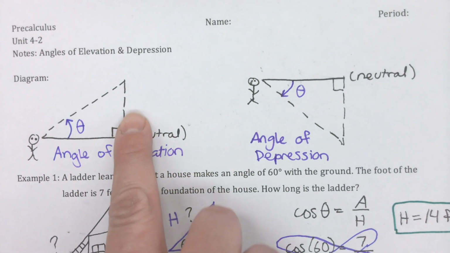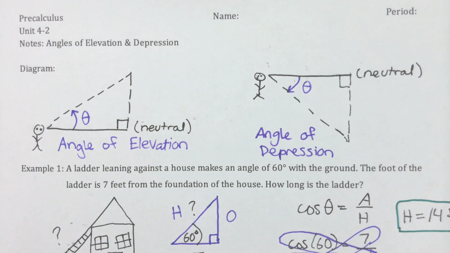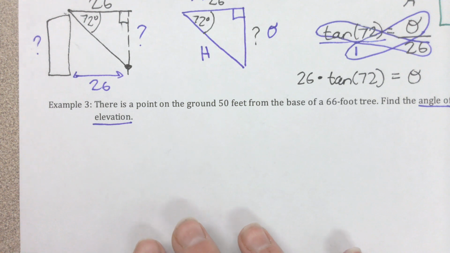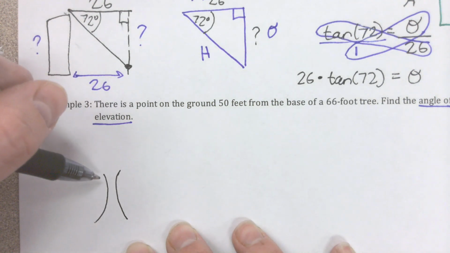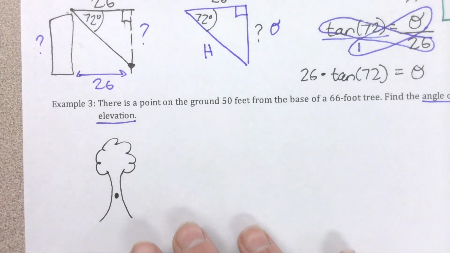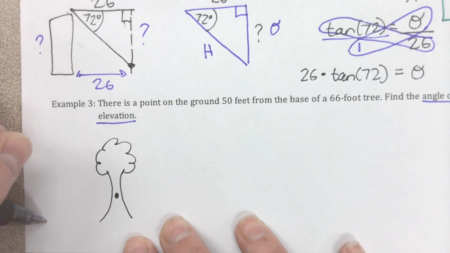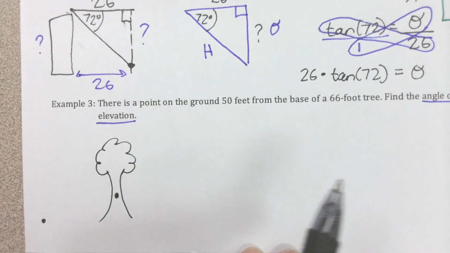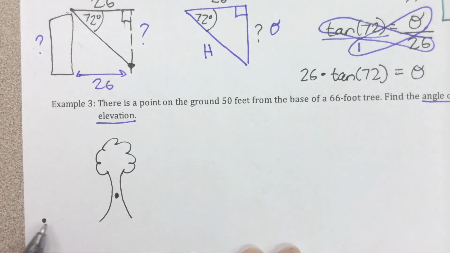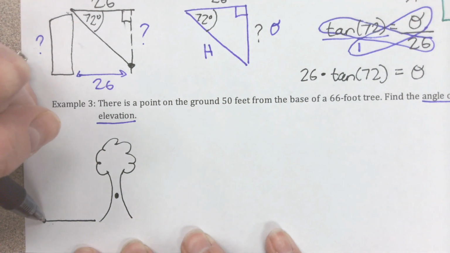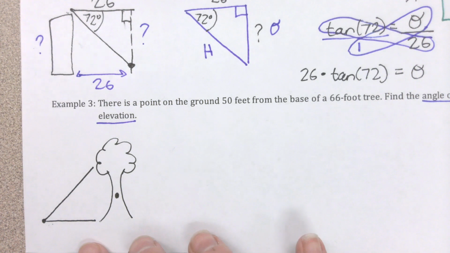So I'm going to have the tree be the vertical, so it's going to be on the right side here. So we have our tree. And we have the point on the ground some feet away from it. Now the angle of elevation is going to come from the perspective of the point. So we have the horizontal, the neutral line, and the hypotenuse, creating that angle of elevation.